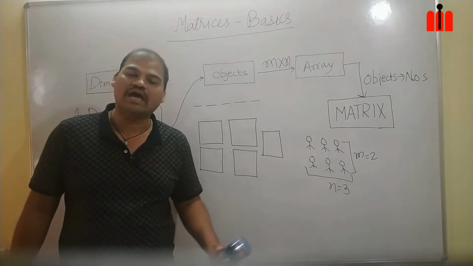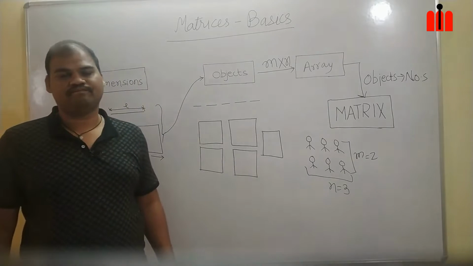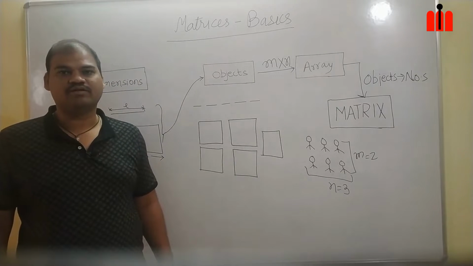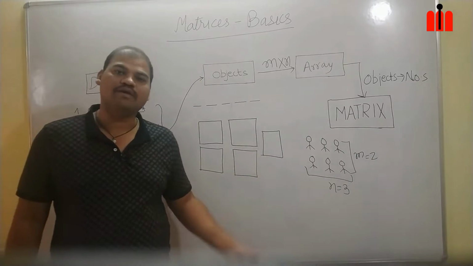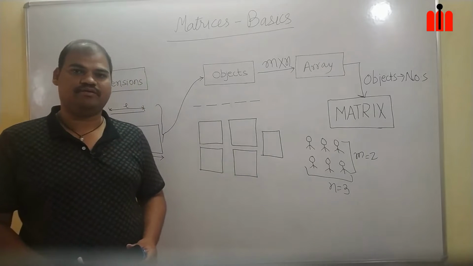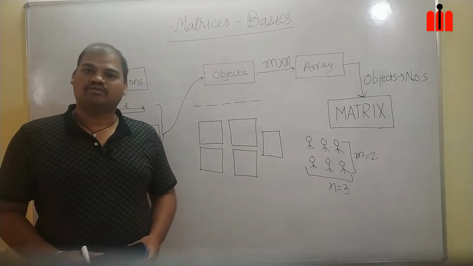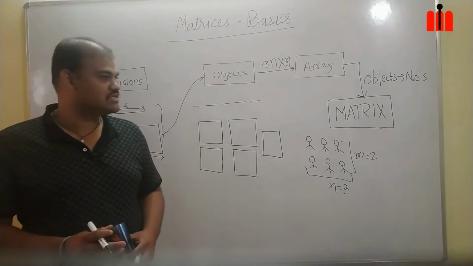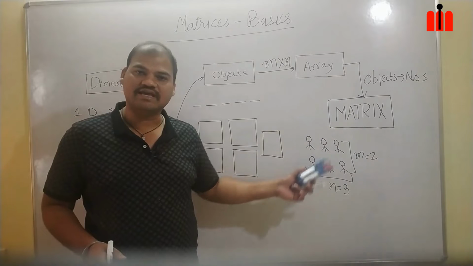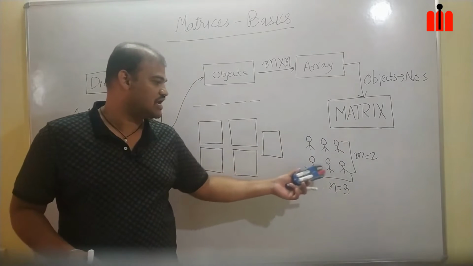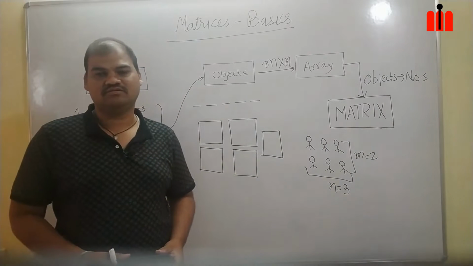It's a two-dimensional array. Now you understood what the matrix is? Matrix is an array where these objects are numbers.